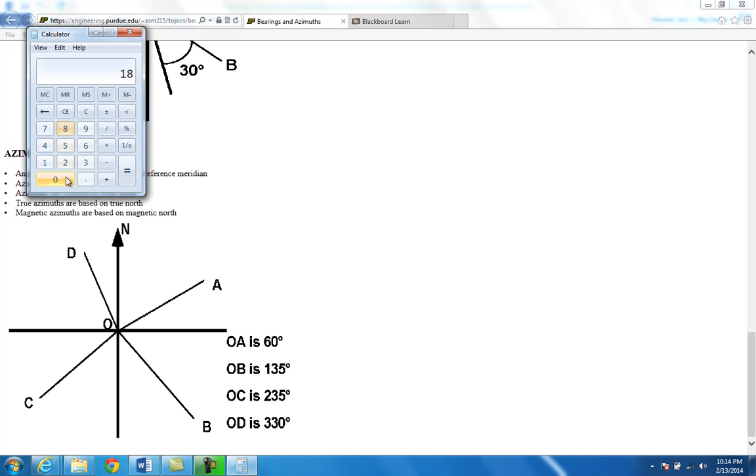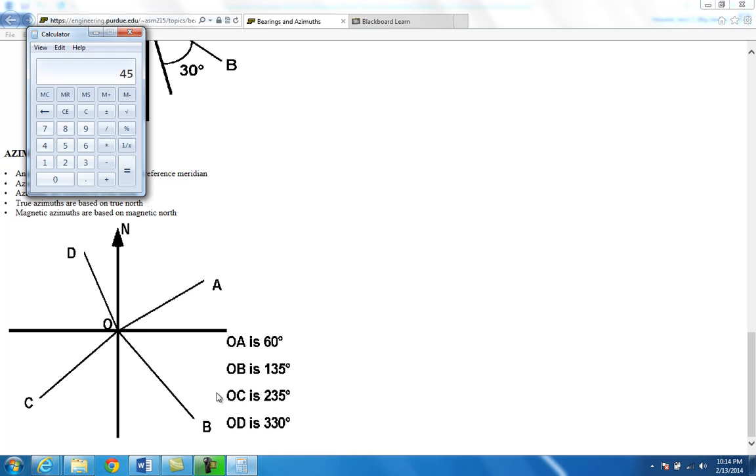You probably do it in your head real quick, and you know it's 45, but just take the time and make sure you're accurate on these numbers, especially when you start getting into degrees, minutes, and seconds. We'll show you a little bit more about that in just a moment. So you're getting 45 degrees on that one. It'd be south 45 degrees east.